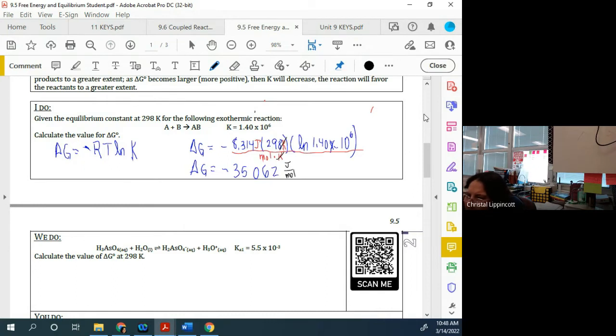But typically, delta G is seen in kilojoules per mole. So converting to kilojoules per mole, that's 35.062 kilojoules per mole.